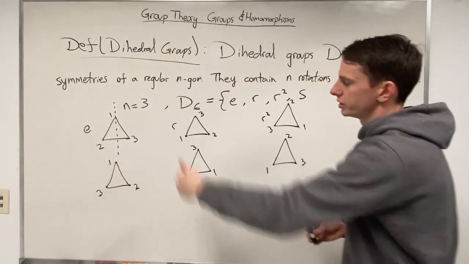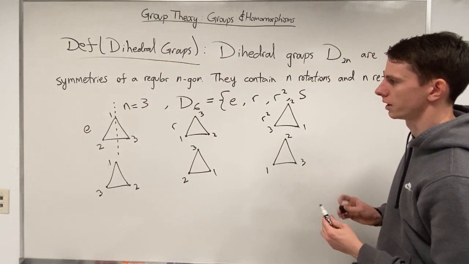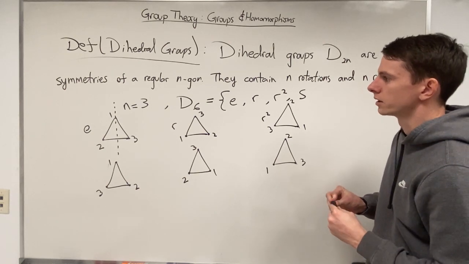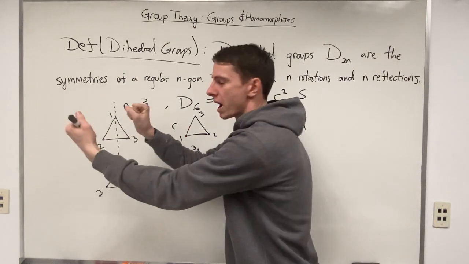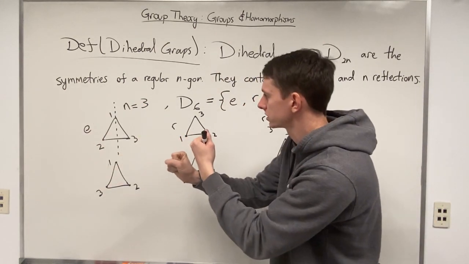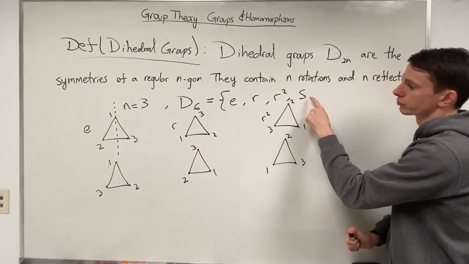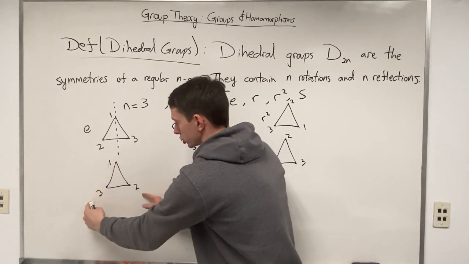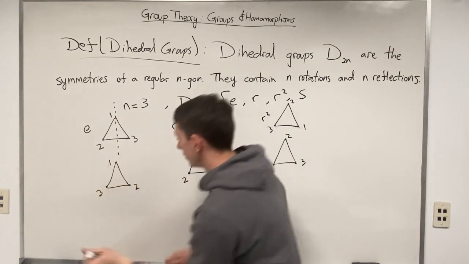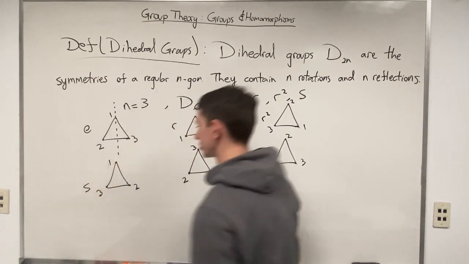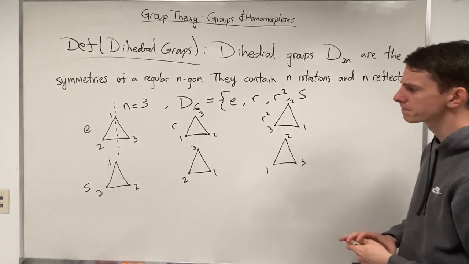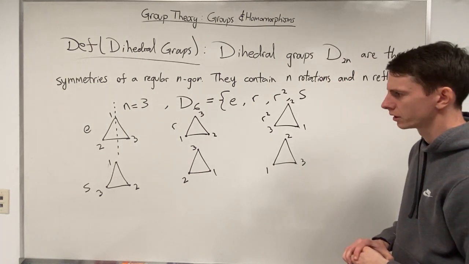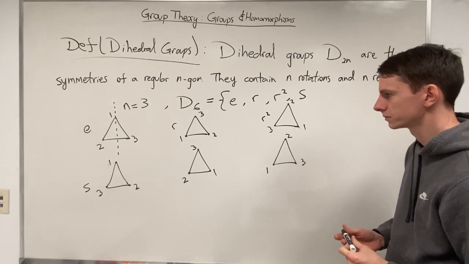So this is going to be our vertical axis. And reflecting the triangle about that vertical axis is going to be the act of performing S. So going from this triangle down to swapping 2 and 3, this is going to correspond to the element S. Okay? So hopefully that makes sense.